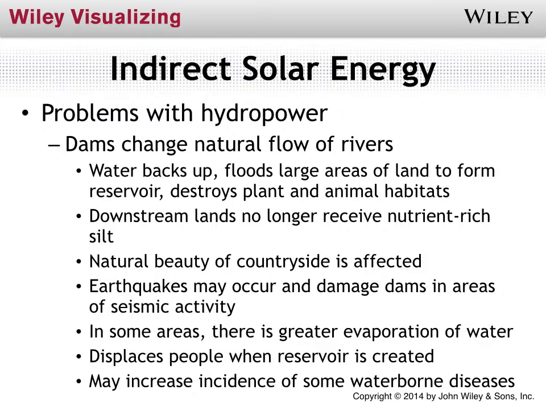The areas downstream don't get the same nutrient cycling that they used to because they don't get the free-flowing water going downriver. Dams don't look pretty, but people don't seem to complain about them as much as they do other things, like solar and wind power.